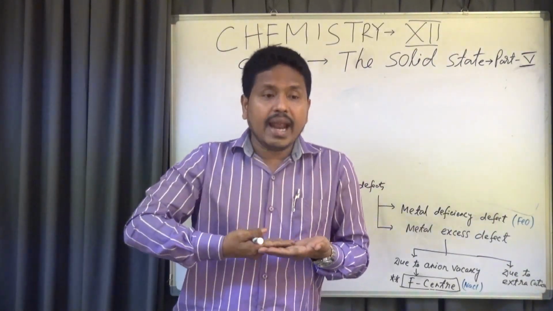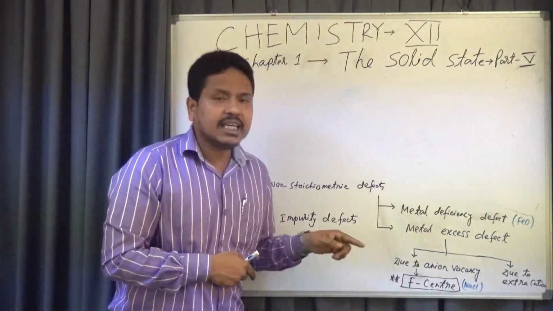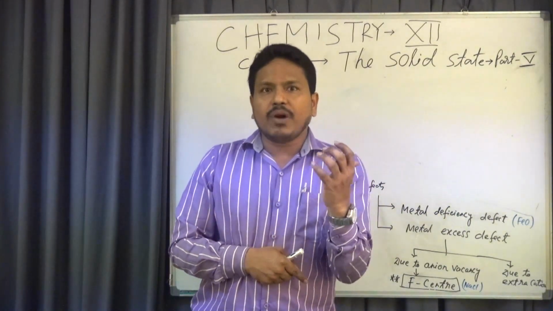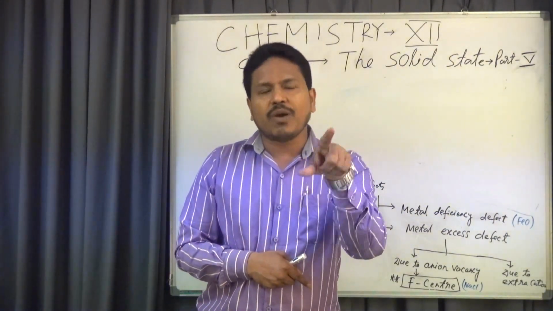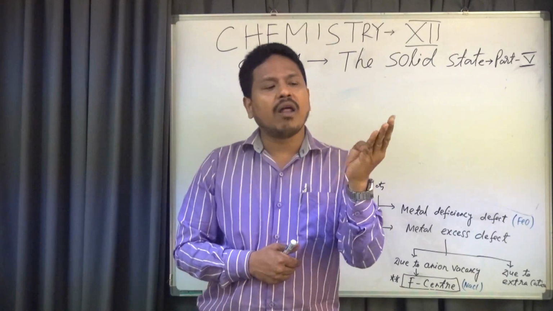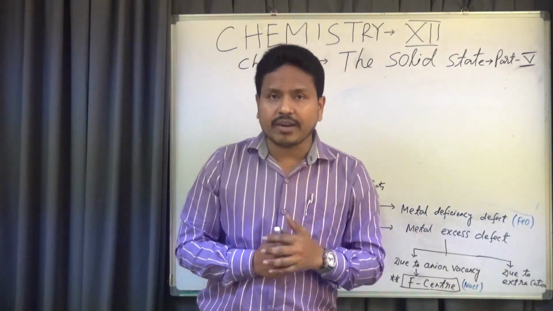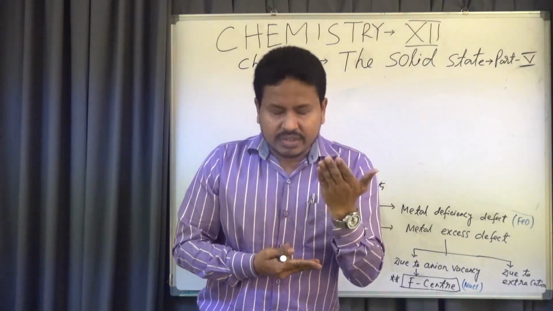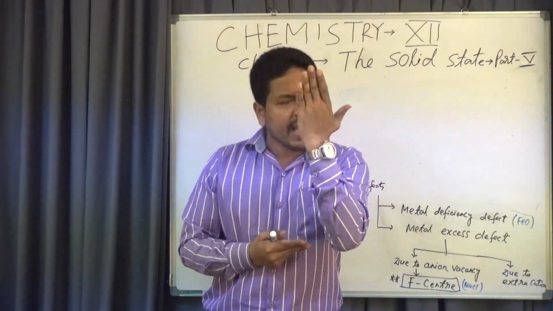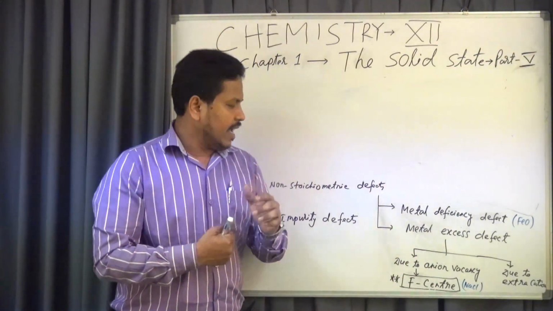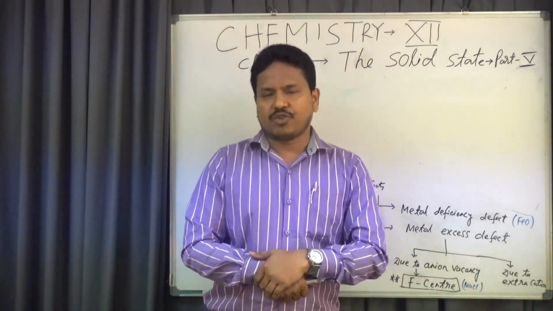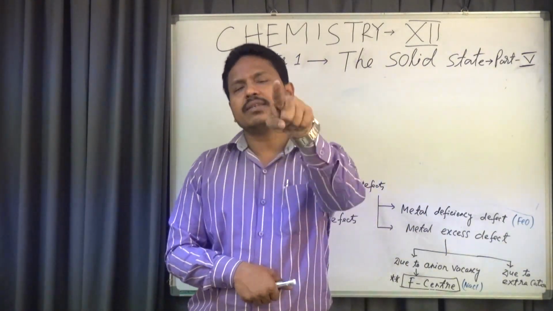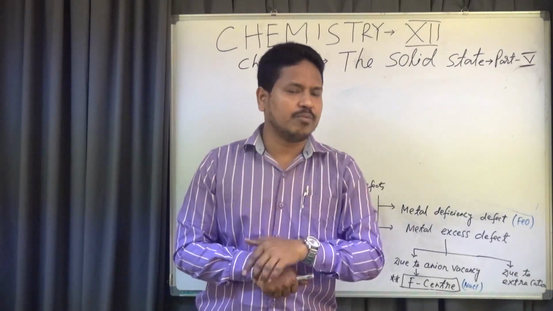So due to the electronic transition in the F center, it generally absorbs radiation of a definite frequency of the visible ray: VIBGYOR, violet, indigo, blue, green, yellow, orange, red. As a result, the crystal shows definite color. So lithium chloride shows pink color due to the F center, an anionic vacancy trapped by a negative electron, and its transition causes the pink color. Very important short question for board examination.